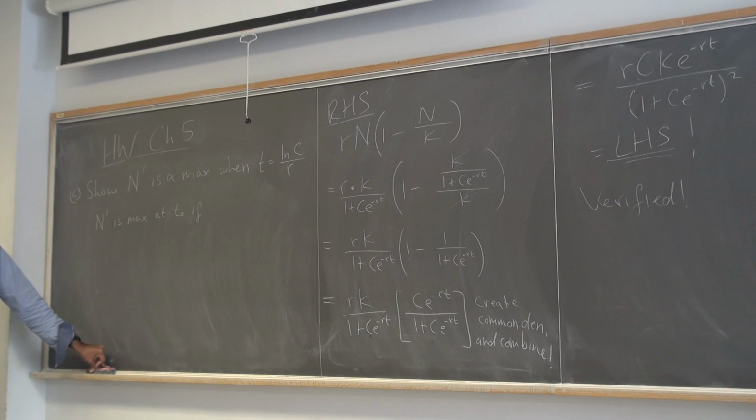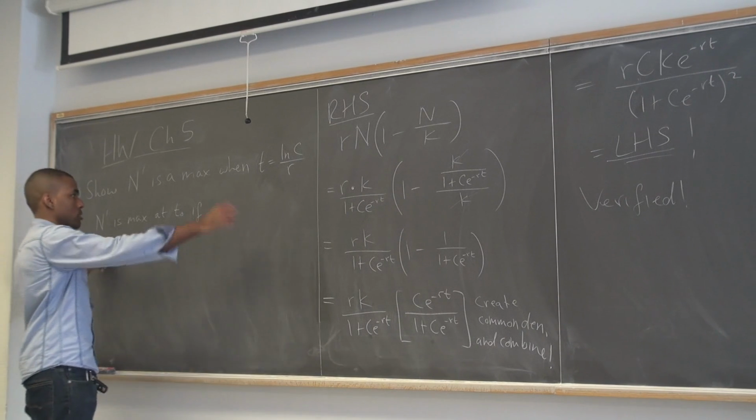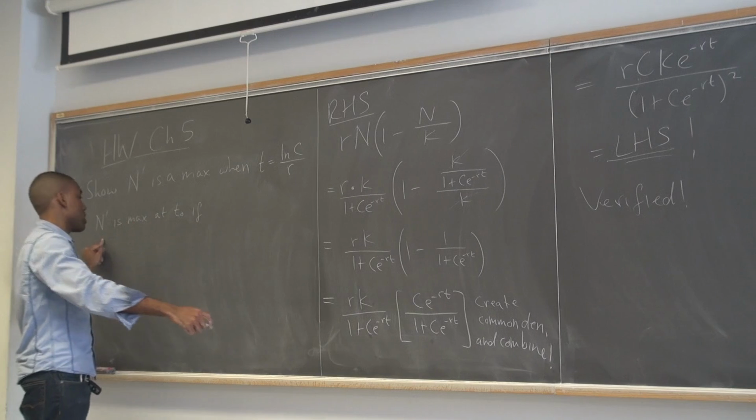When do you get a maximum of a function? If the derivative is 0 is the first condition. Well, it's a critical point, 0 or undefined.